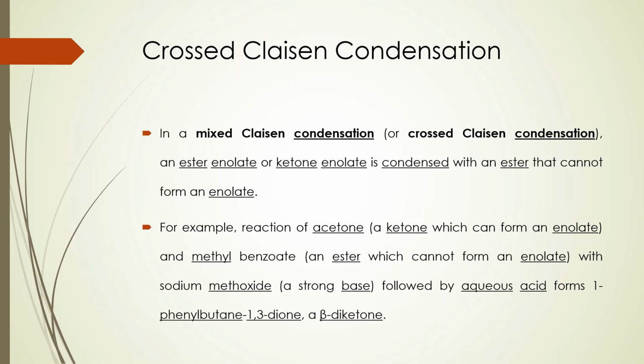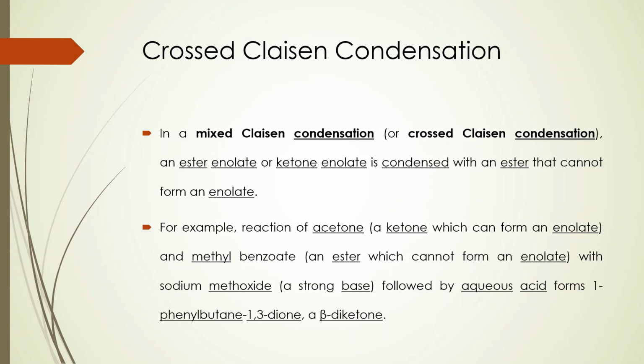Now, crossed Claisen condensation. In a mixed Claisen condensation or crossed Claisen condensation, an ester enolate or ketone enolate is condensed with an ester that cannot form an enolate. For example, a reaction of acetone.